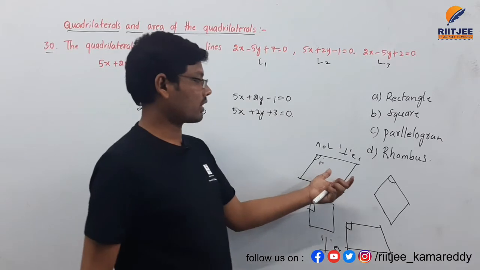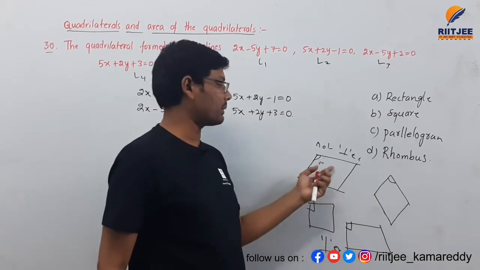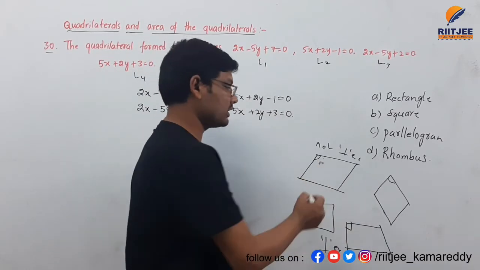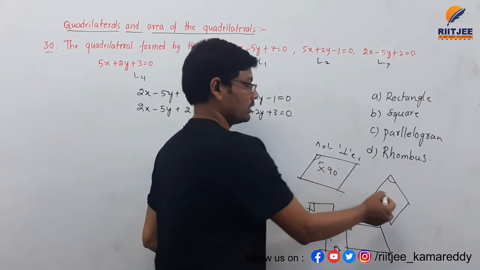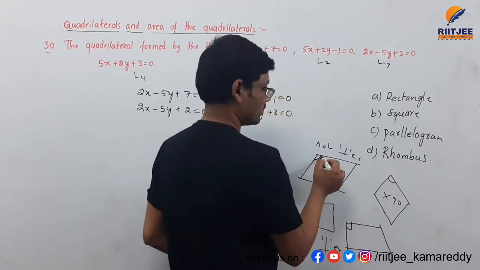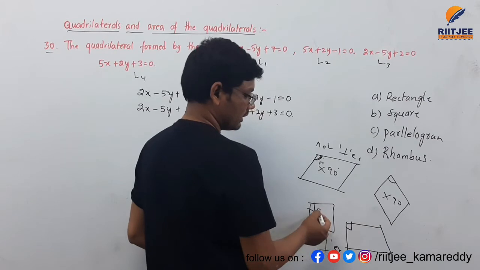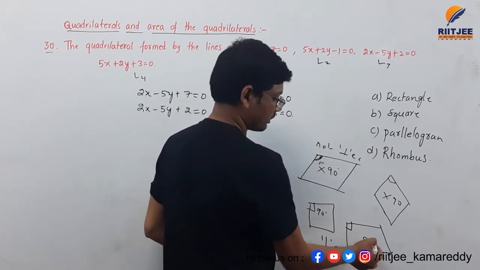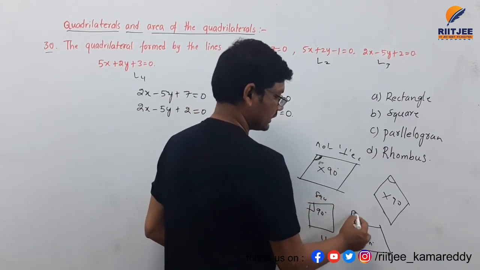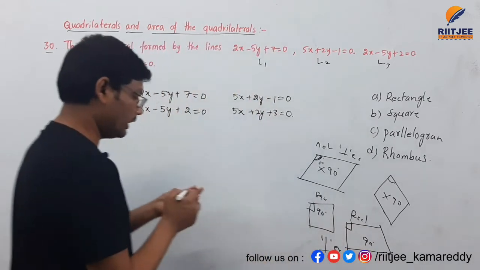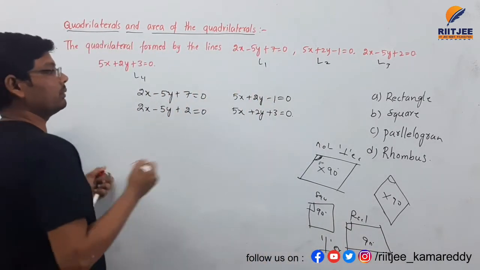Square, parallelogram and rhombus are not perpendicular anywhere. This is not 90 degrees between two lines. Here these are having 90 degrees, this is square and this is rectangle.